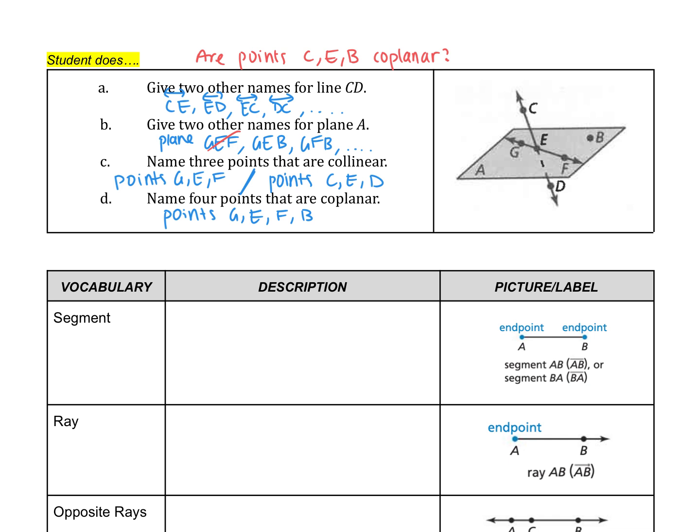Because C is on the same line as E? Okay. So E is on a plane, so a line has to be on one plane. Okay. I don't know if I quite follow. Abigail, do you have anything you want to add?